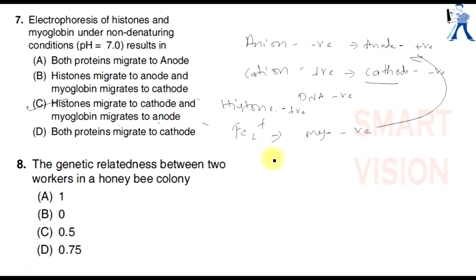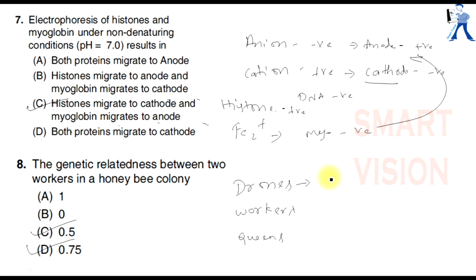So next one, the genetic relatedness between two workers in a honey bee colony. Genetic relatedness between siblings is 0.5. In honeybees it will go up to 0.75, because in honeybees there are three divisions: drones, workers and queens.